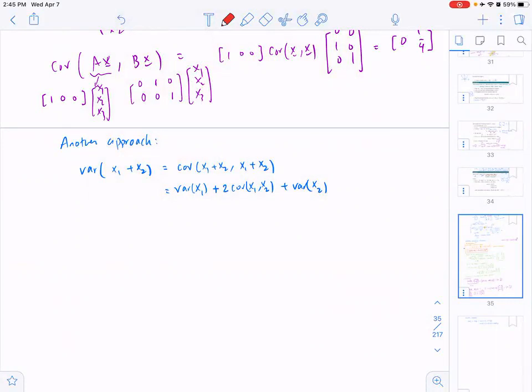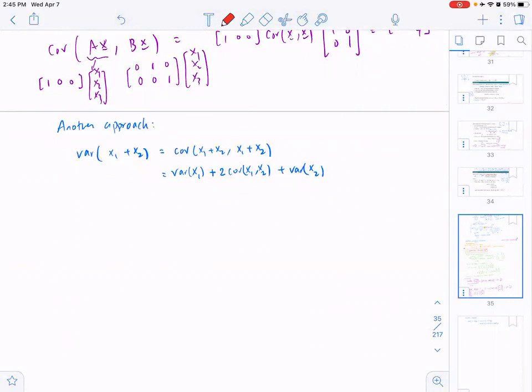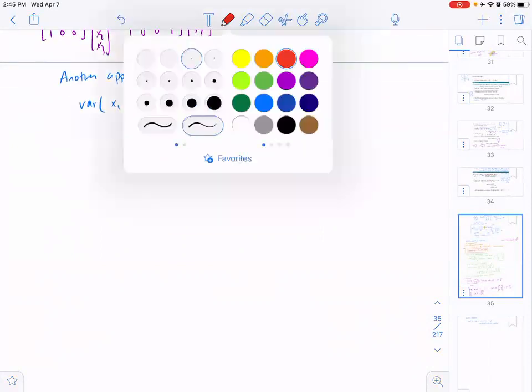By the previous recording video? Oh, really? Okay. So what did I say? How do you get this from the previous recording? Is there a rule to get this? The bilinearity rule. Okay, bilinearity of covariance. Great.